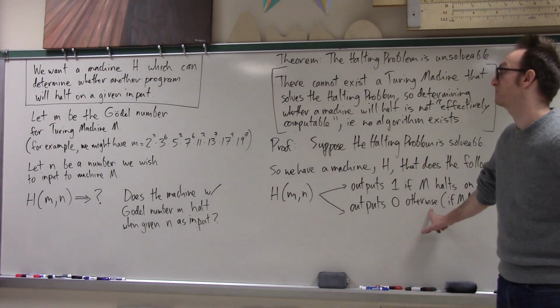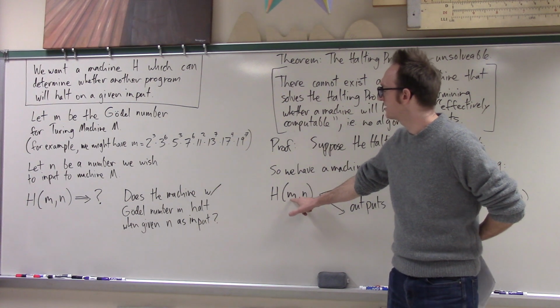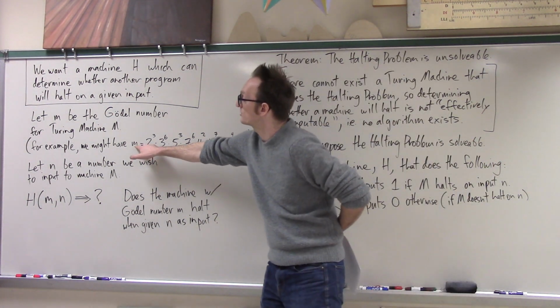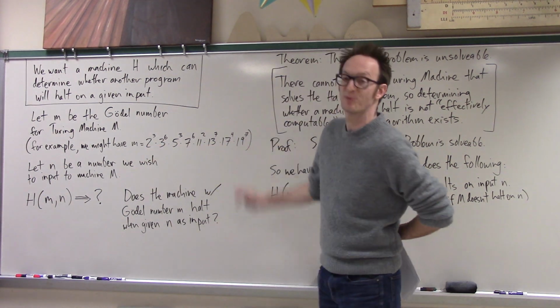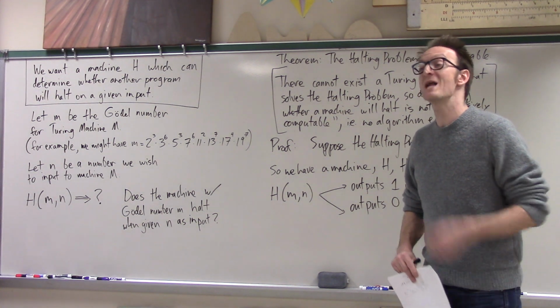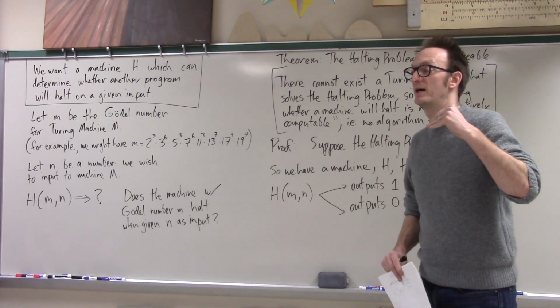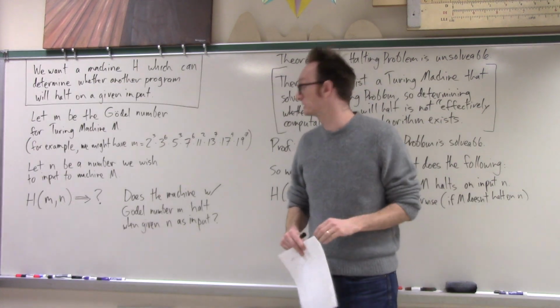Okay, and otherwise captures a lot of cases. For example, these Gödel numbers, these code numbers m for these machines, are like these huge powers of primes, right? But the vast majority of numbers are not Gödel numbers of valid Turing machines.